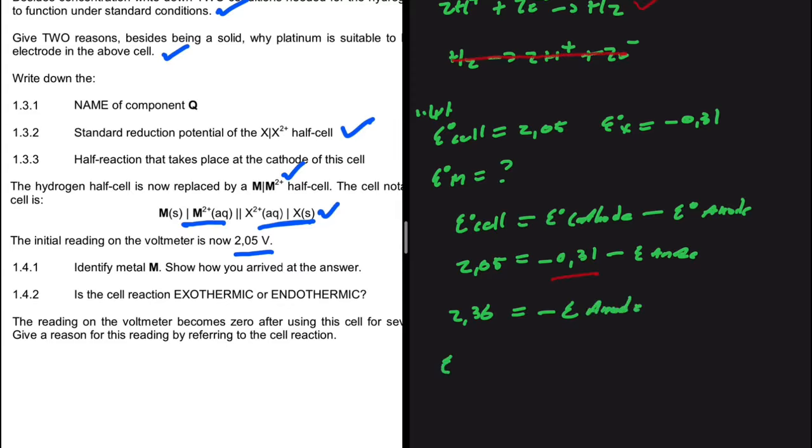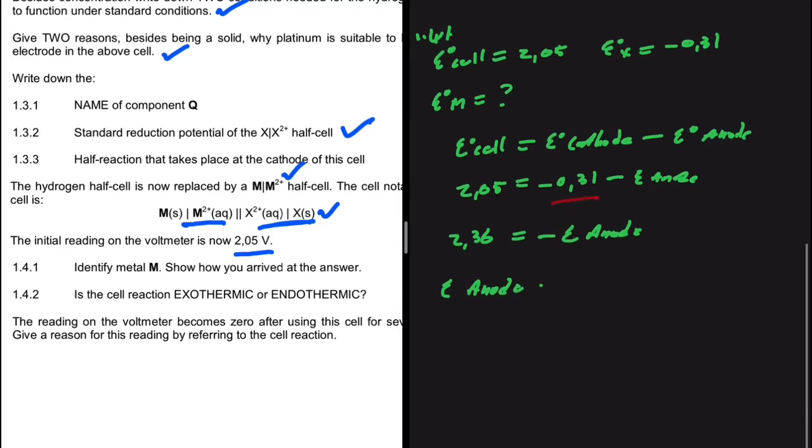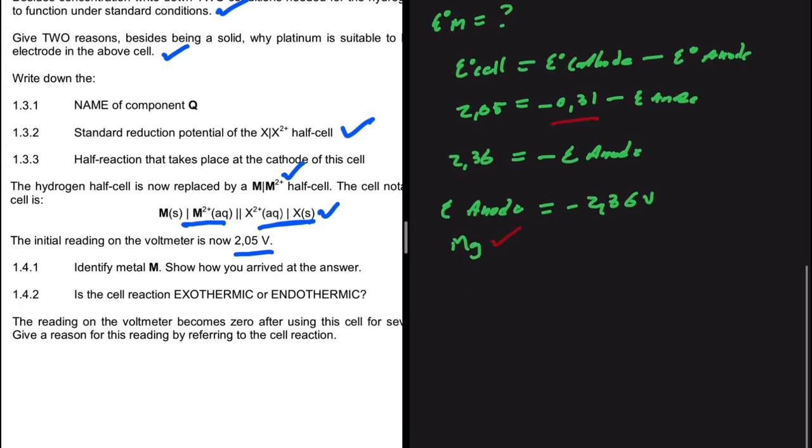If we divide both sides by minus 1, the potential at the anode will be equal to minus 2.36 volts. If we go to our table of standard reduction potentials, at the anode we have magnesium, or Mg. That is our answer to 1.4.1.